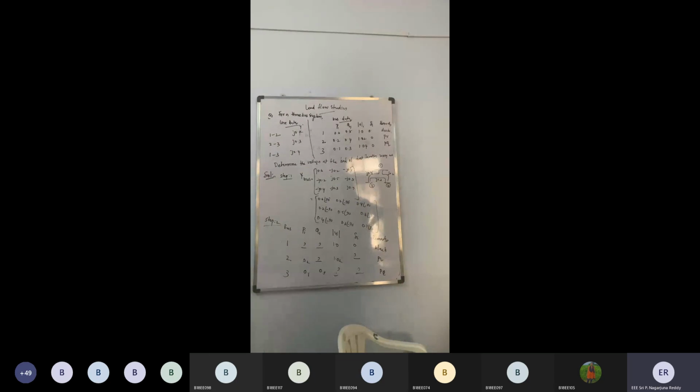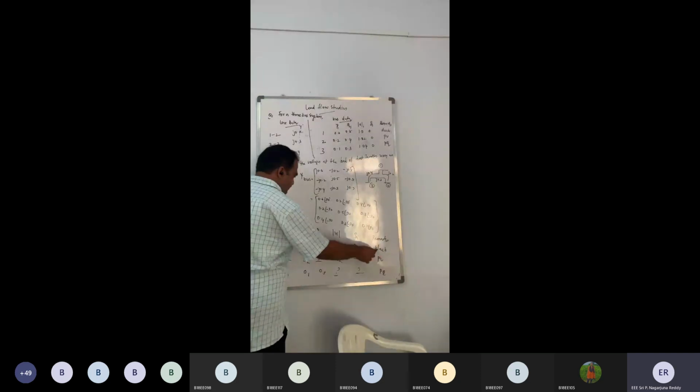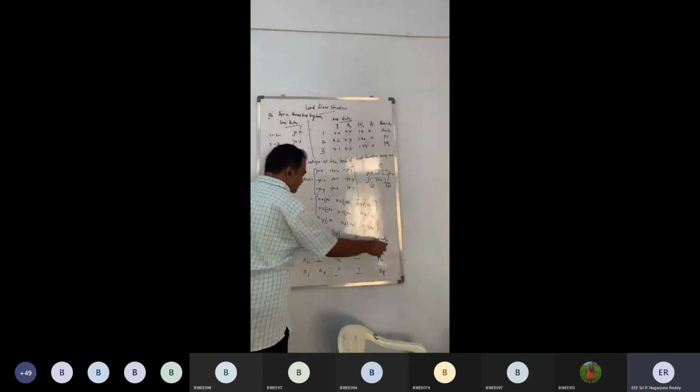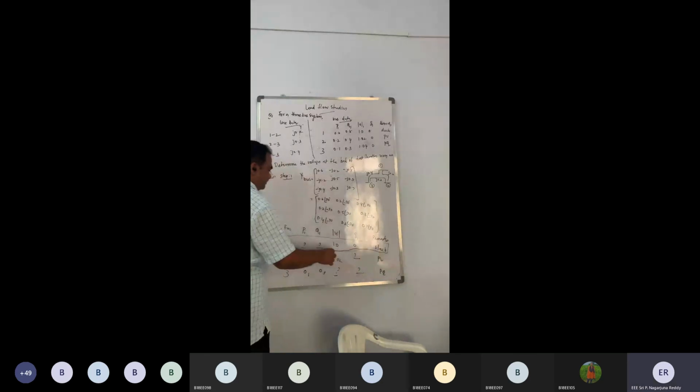This load flow problem gets completed if we determine all these values perfectly. But these values can be determined only at the end of the problem. I have told you in the first class, slack bus P and Q can be determined only at the last step when we determine the losses of the system.